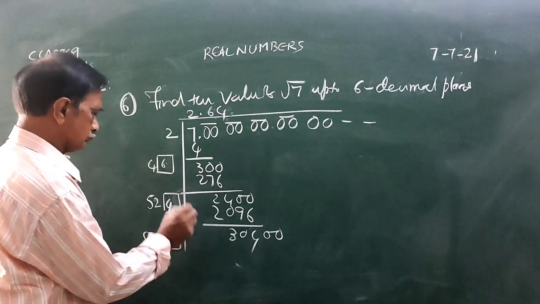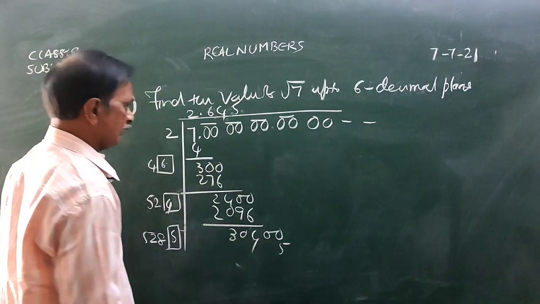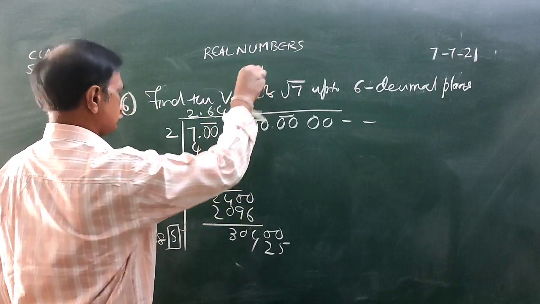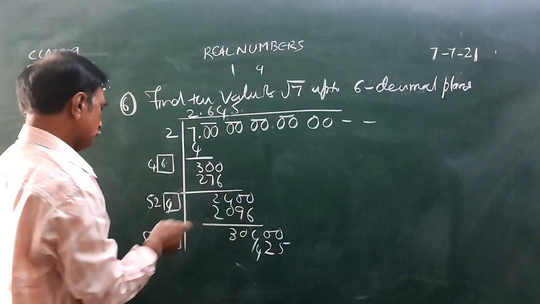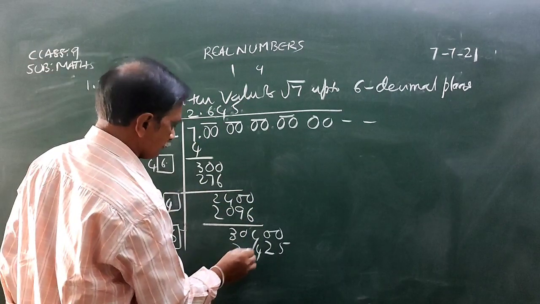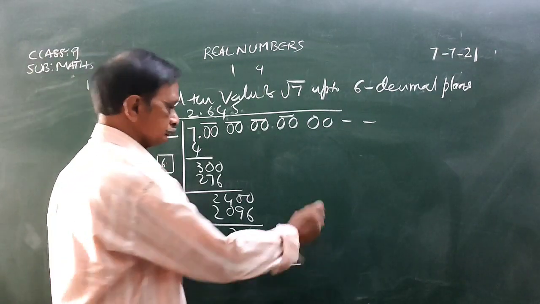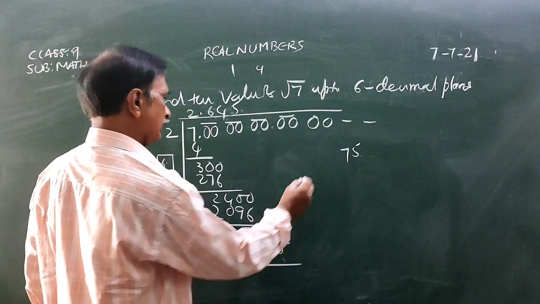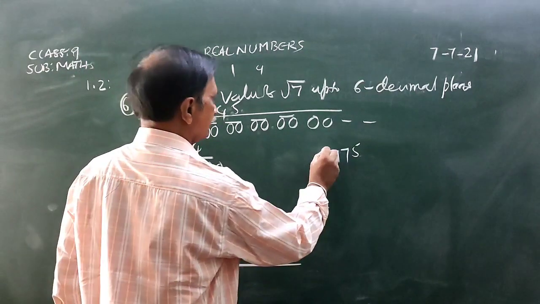Now 5. 5 fives 25, 5 eights 40 plus 2 42, 5 twos 10 plus 4 14, 5 fives 25 plus 1 26. Now subtract: 10 minus 5 is 5, 7, 13 minus 4 is 9, 9 minus 6 is 3.